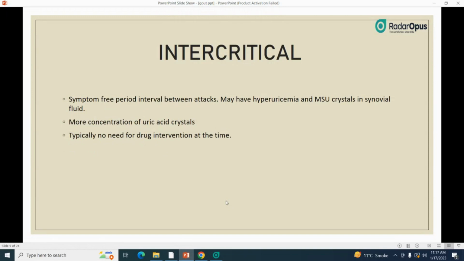It is during the intercritical phase that the physician should focus on secondary causes of hyperuricemia. The medication should be assessed to identify those that may aggravate the patient's condition, for example diuretics, if the patient is using them, and dietary education regarding purine-rich food should be provided to the patient at this time.